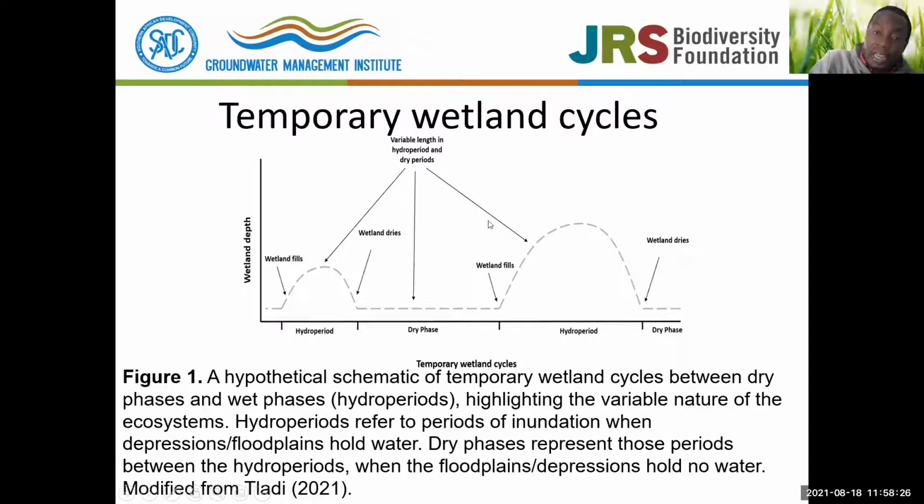So when an area receives relatively good rains, it means that the hydro period, the time in which a wetland system has water, is prolonged, and the diversity that might exist within that pan also tends to increase because of this prolonged period of wetting.